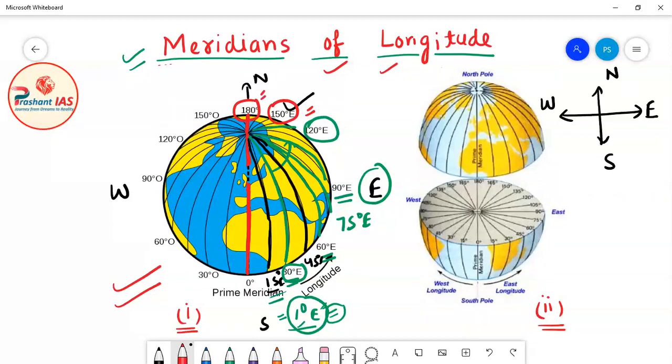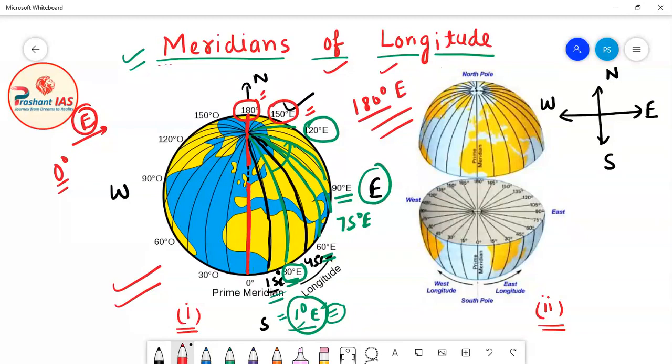Now friends, in this way you can draw 180 degree east meridians of longitude. From where you started, first of all you drew 0 degree, which was the prime meridian. Then you started drawing meridians of longitude on the eastern side of prime meridian.